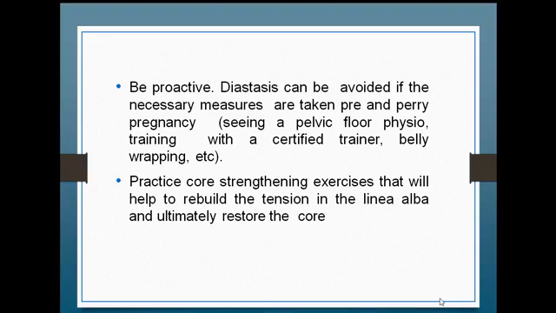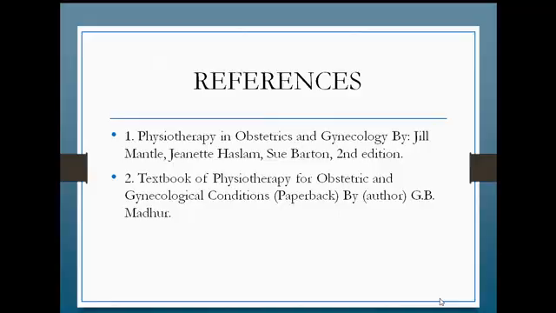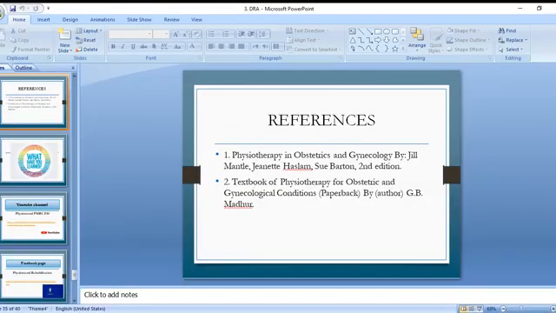Core strengthening exercises are to avoid diastasis recti abdominis, and secondly, they are used after the corrective exercises, when separation becomes less than 2 centimeter. Then they are used to tone up your abdominal muscles and strengthen your core to further avoid any damage.